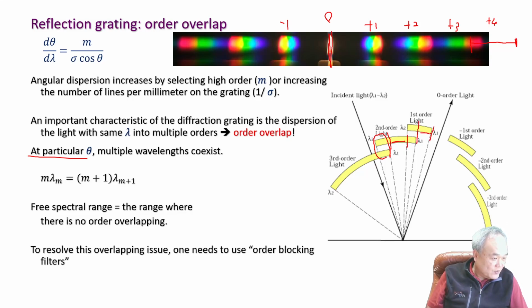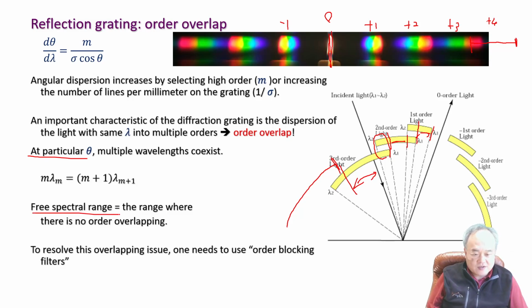There is no overlap, and if the fourth order, for example, stands like this, then from here there is actually no order. This is the so-called free spectral range. But utilizing only the free spectral range greatly limits the available space.